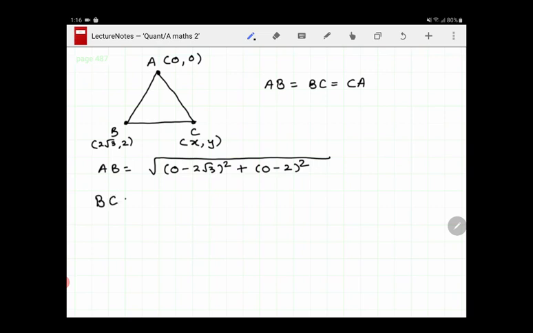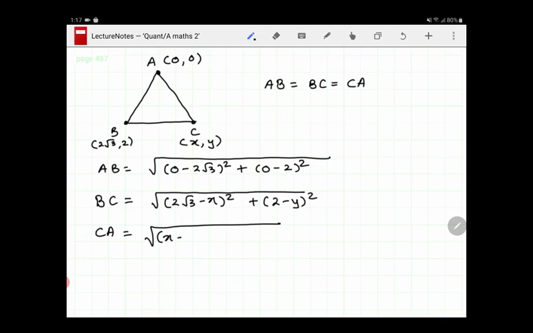BC is the root of (2 root 3 minus x) the whole square plus (2 minus y) the whole square, and the length CA is given by the root of (x minus 0) the whole square plus (y minus 0) the whole square.